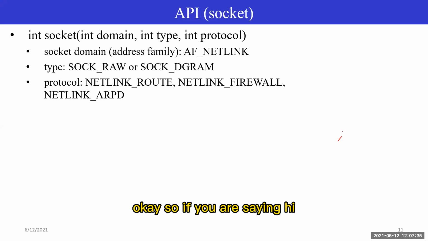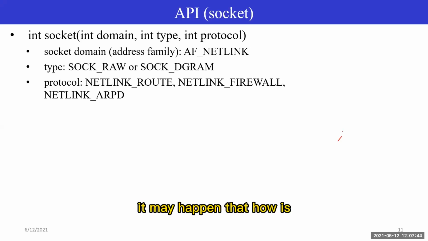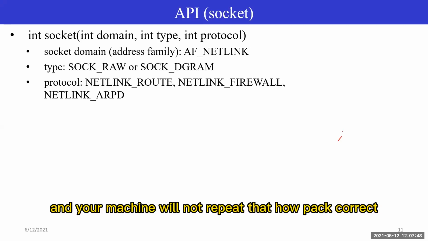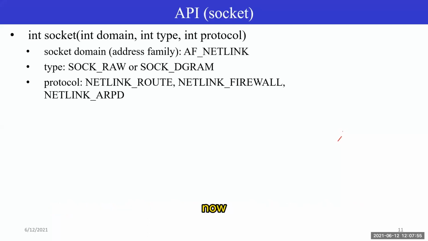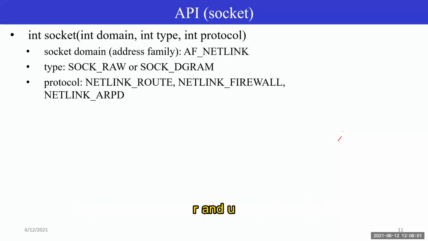If you are saying, hi, how are you, and you are sending this in 4 packets, hi, then how, then are, then you, it may happen that the how is somehow getting dropped, and your machine will not repeat that how packet. Correct? Right. Now, if my machine has received 4 packets, hi, how, are, and you, then those will never be dropped.